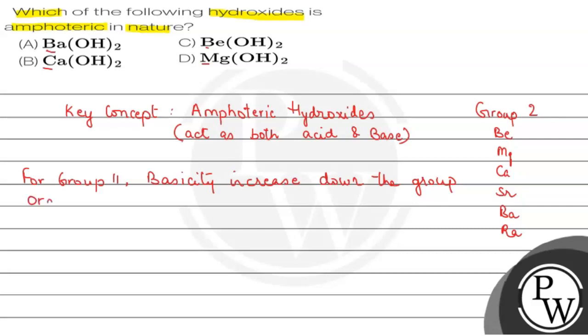So the order of basicity of group 2 hydroxide will be Be(OH)2 beryllium hydroxide followed by magnesium hydroxide, then calcium, जो ऑप्शंस में प्रेजेंट है हम उन्हें लिख रहे हैं सिर्फ, and then barium hydroxide.